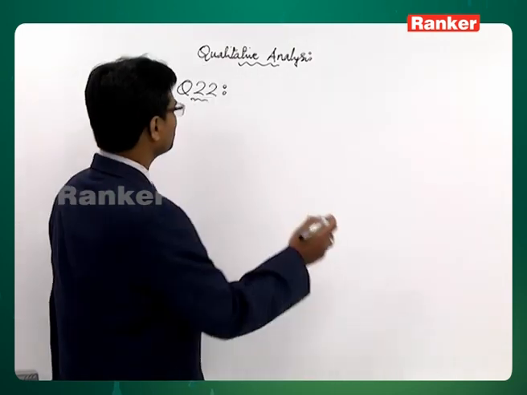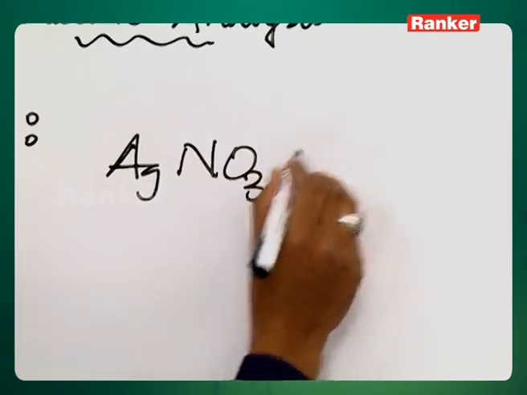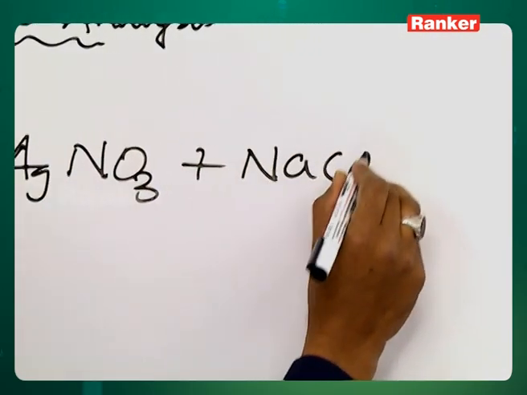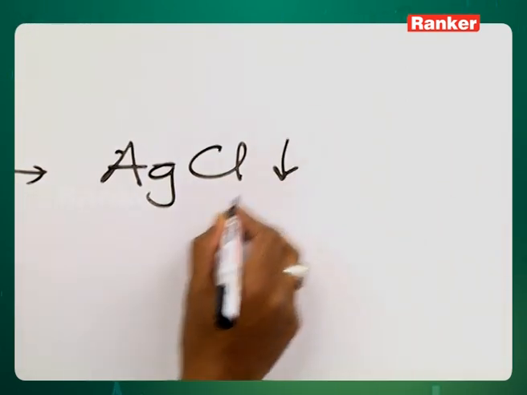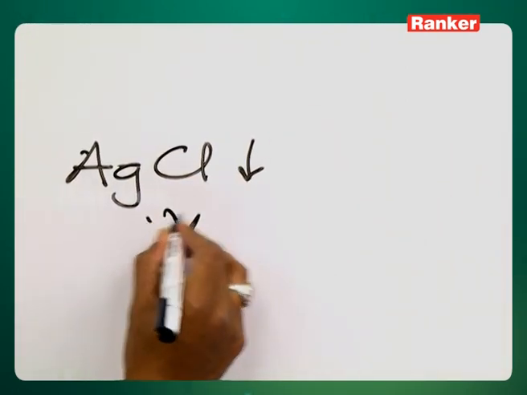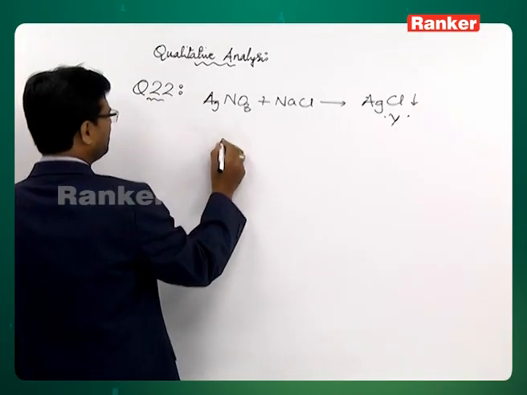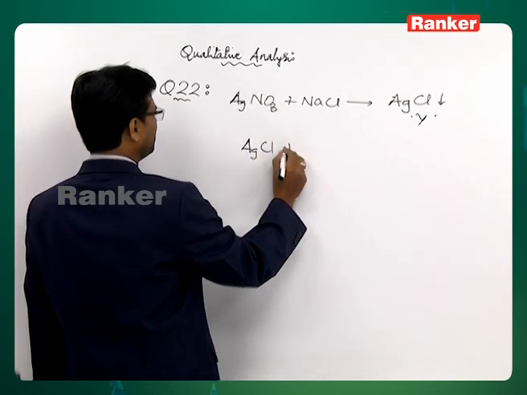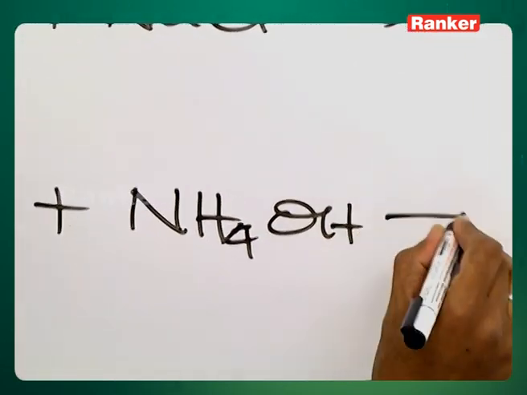Look at the reactions. AgNO3, when it reacts with NaCl, you get a white precipitate of AgCl. This we call Y. Now, AgCl is then dissolved in ammonia solution.